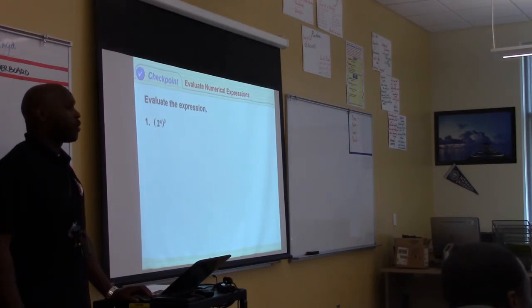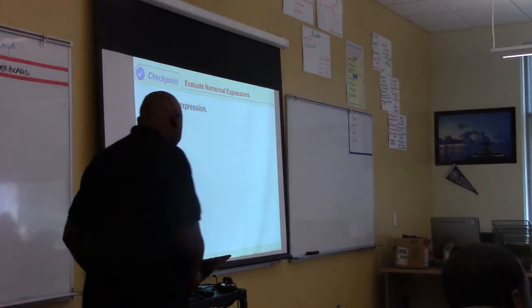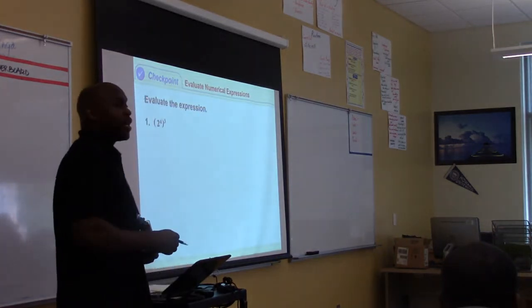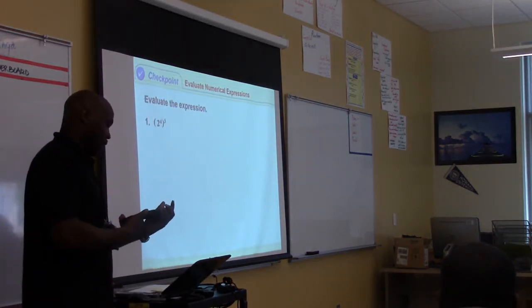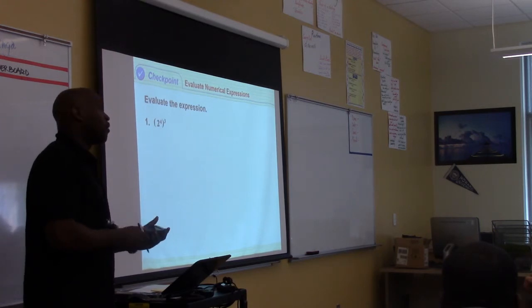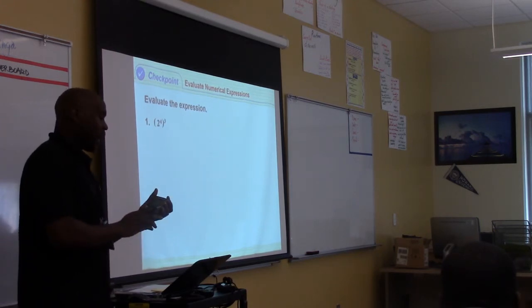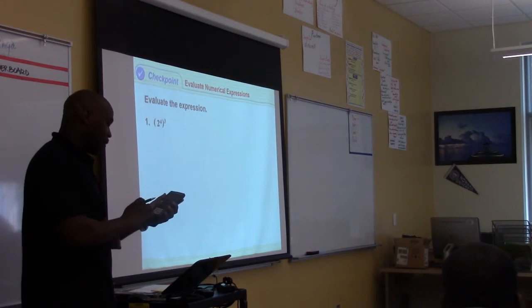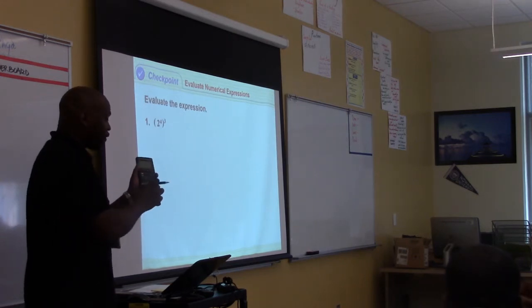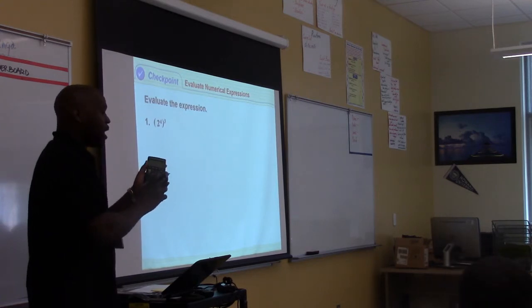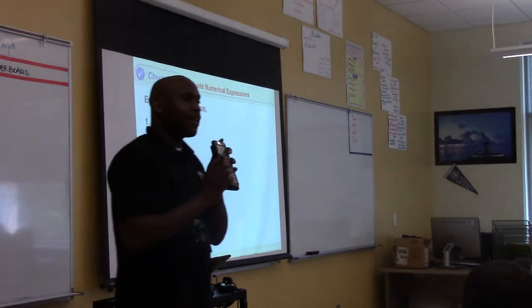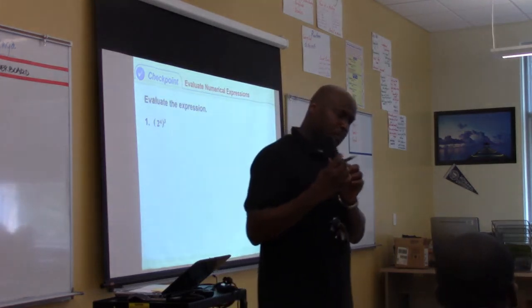2 to the 12th power. How do you do that on the calculator? Ladies and gentlemen, listen up. So you will put in 2, and then you will see a little triangle hat over on the other side.